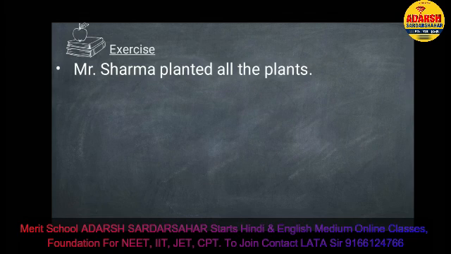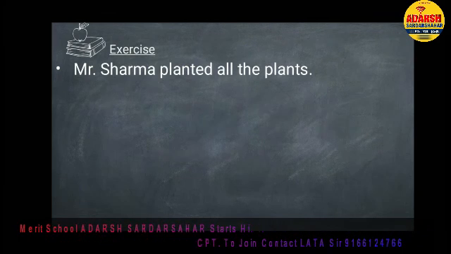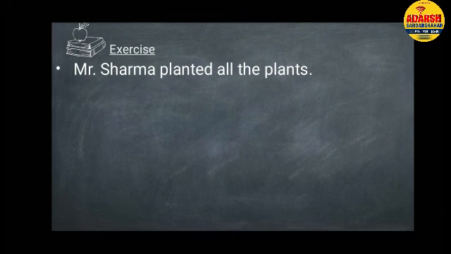Here our subject is the doer, and in this sentence our doer is Mr. Sharma. So Mr. Sharma is our subject, while verb is always action. So here action is planting. So planted is a verb. And third, which is object. So here on what is action performing? Here the action of planted is being performed on all the plants. So all the plants is the object.